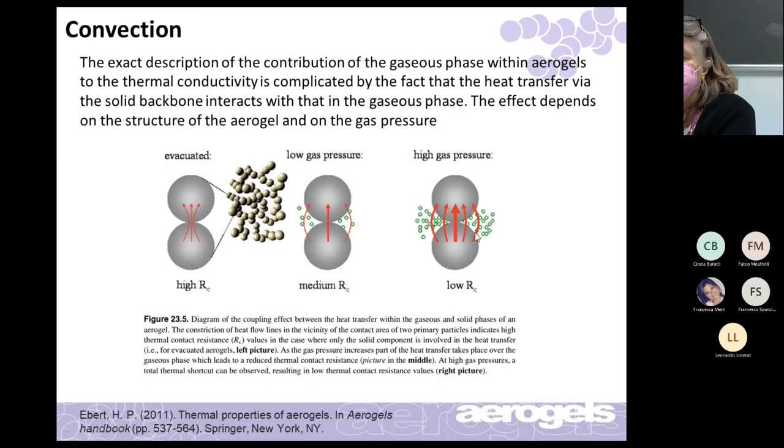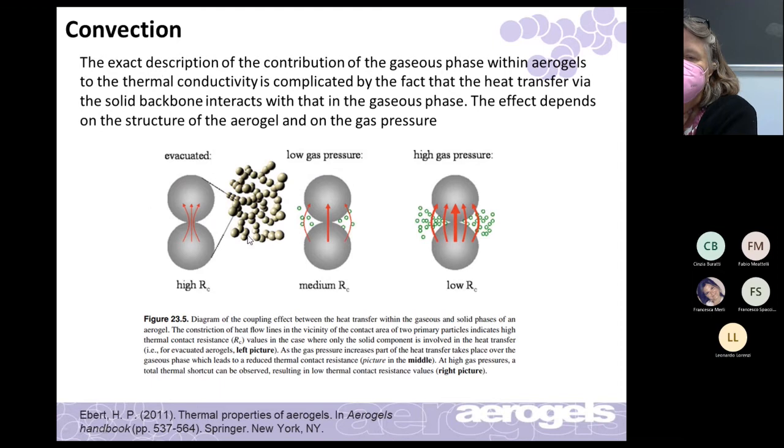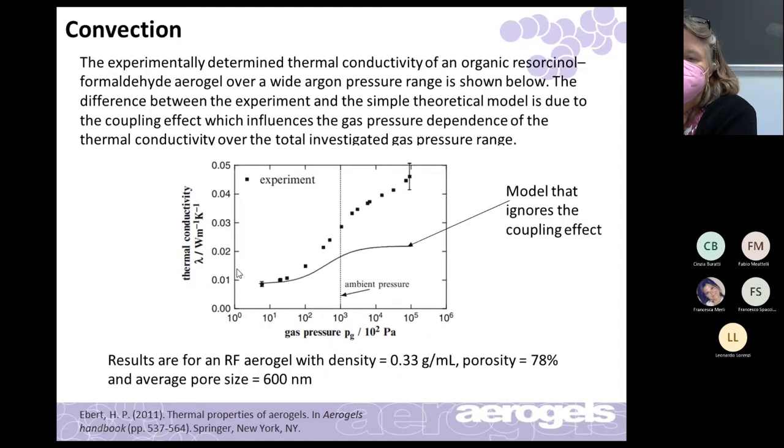And then as you evacuate it, the thermal conductivity drops immensely. So it's a five-fold change in that value over this pressure range, which is large.